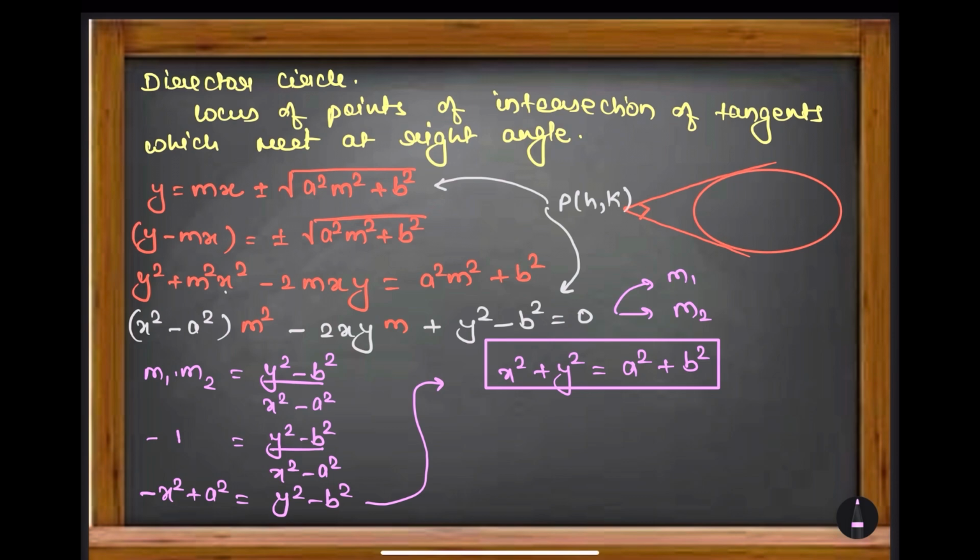In case of circle, we have a concentric circle whose center is the same. And in case of hyperbola, you just have to replace b square by minus b square, meaning the plus will be changed into minus. I hope you guys are comfortable with director circle.